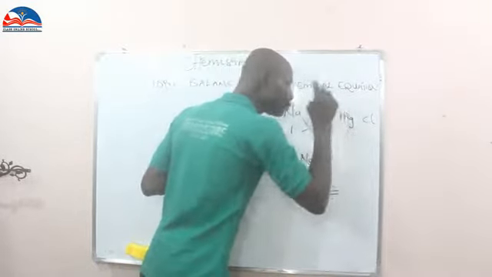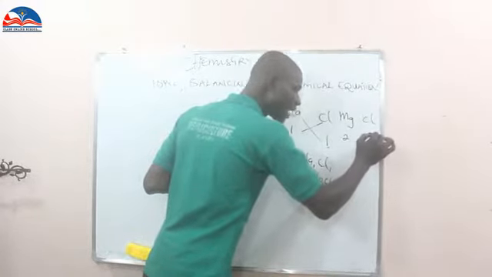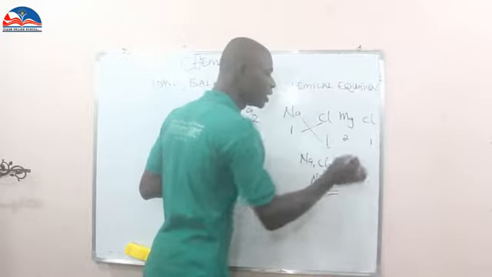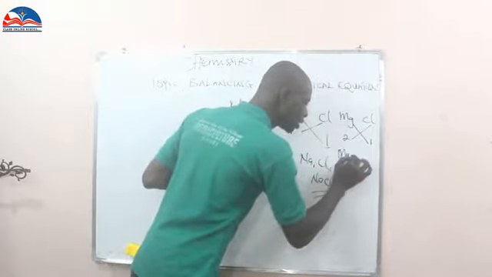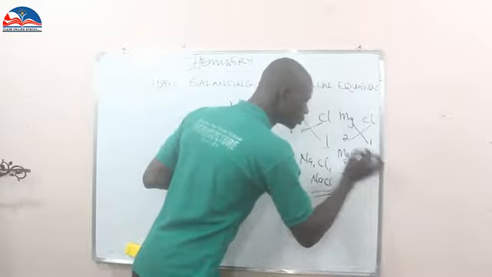Now, magnesium belongs to group 2, while this one, chlorine, belongs to group 7 and has 1 valency. This one, magnesium, belongs to group 2 and has 2 valency. If the two of them combine, you will see I'm going to have Mg1, Cl2.